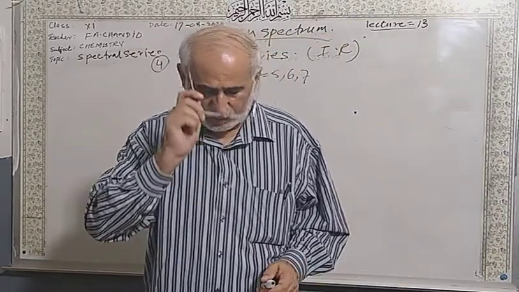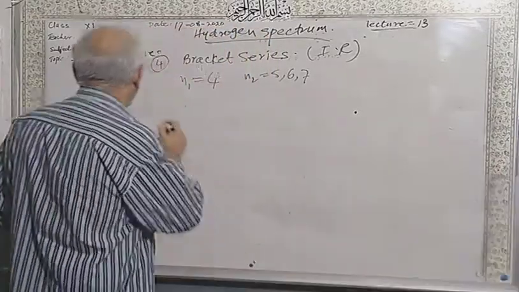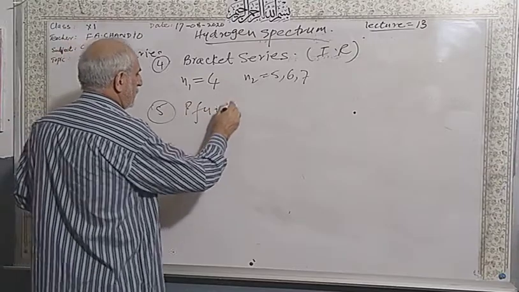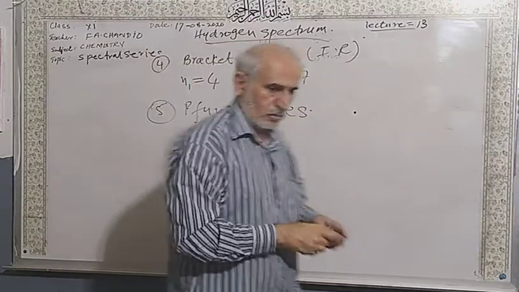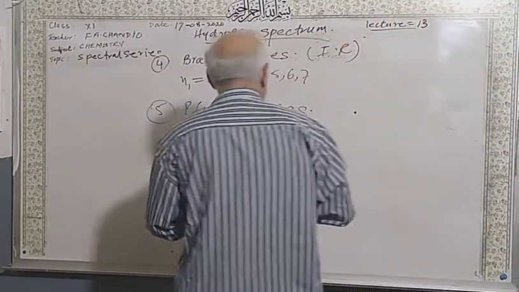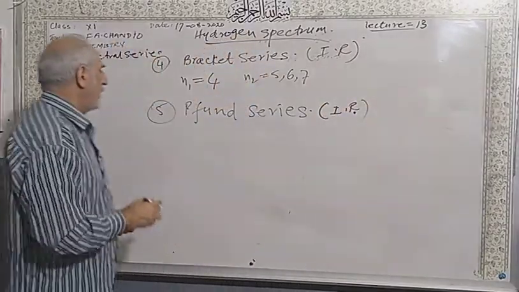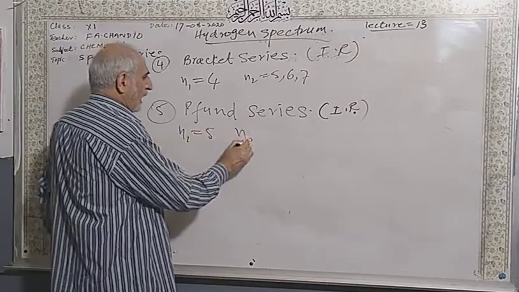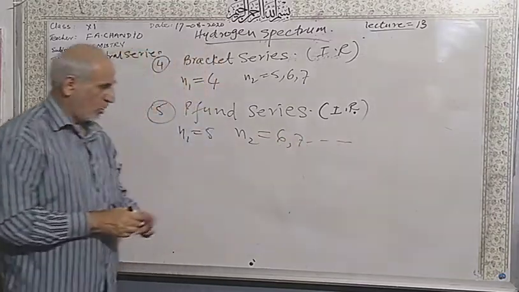Number 5 is the Pfund series. This different series is also present in infrared, and n1 is equal to 5 and n2 is equal to 6, 7 and so on and so forth.